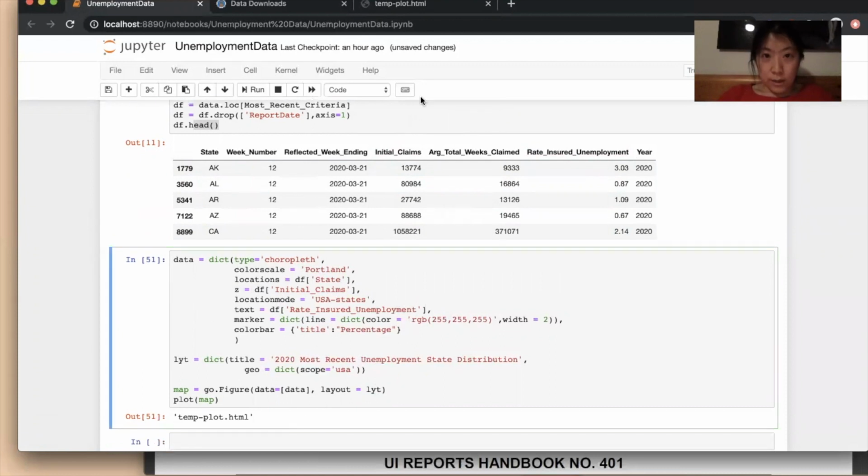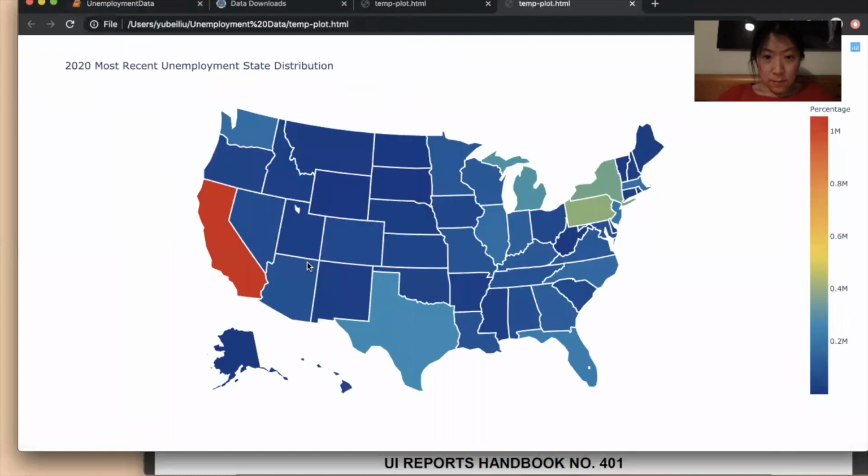Now I'm going to run this. So as you can see, the state with the highest initial claim cases is California. And the remaining ones have around 250,000 to 500,000. However, California has slightly over 1 million cases filed.